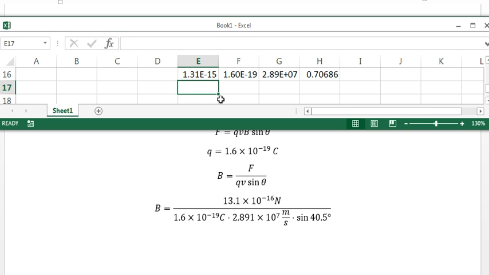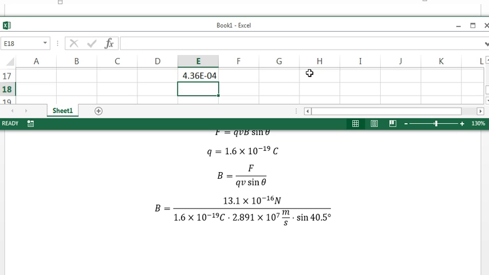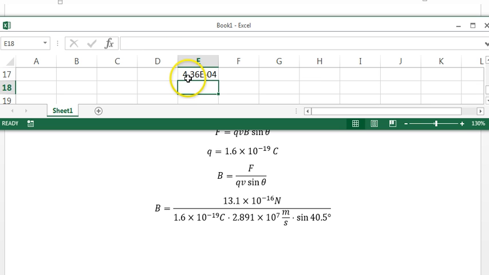And now we need to find the magnetic field, which is the force divided by the charge times the velocity times the sine of the angle. And so we get 4.36 times 10 to the minus 4.